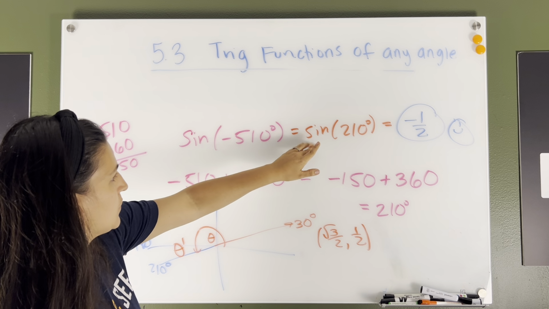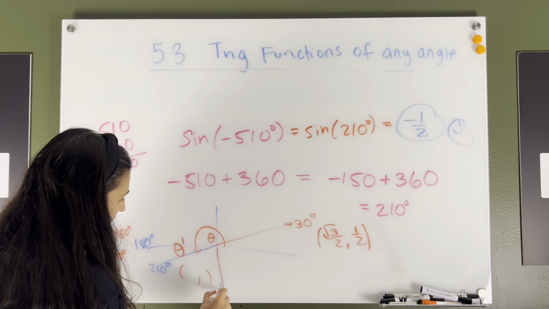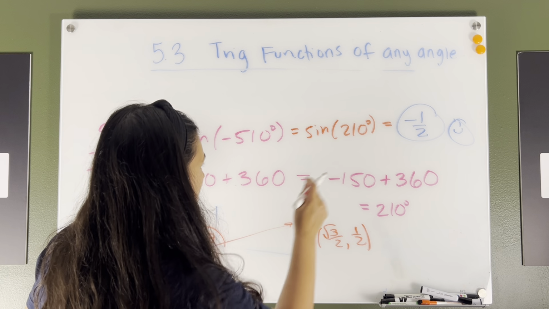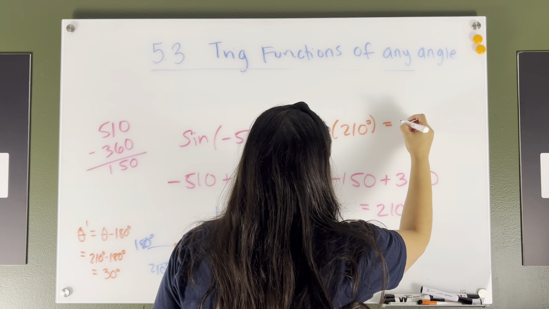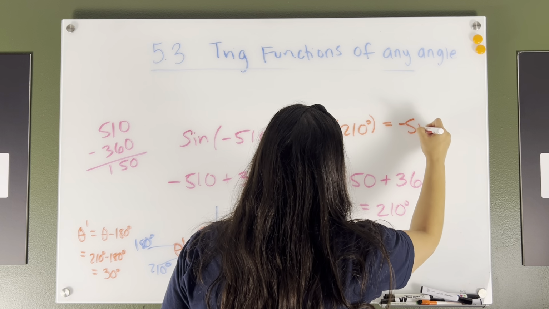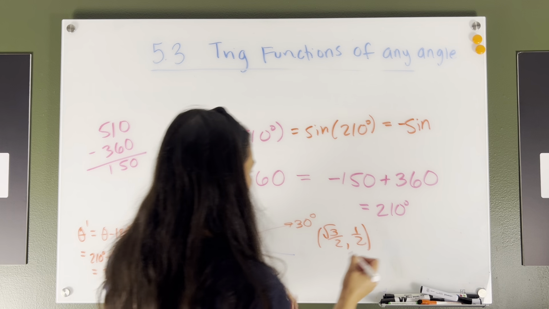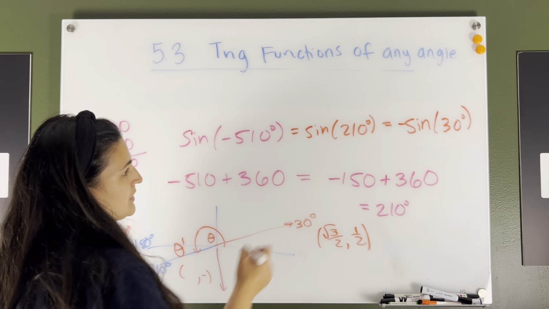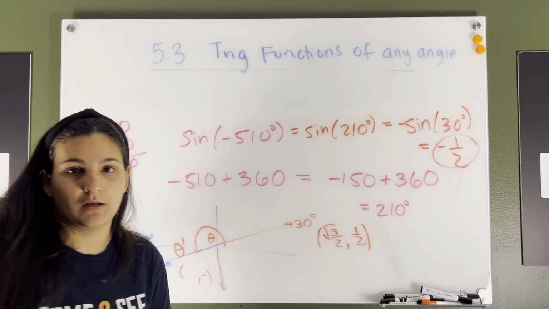Remember that sine is the y value. Well, the y value would be negative. So the sine of 210 is the same as negative sine of 30, which is the reference angle. And the sine of 30 degrees is 1/2. Don't forget the negative in the front. Either way, you'll get negative 1/2.